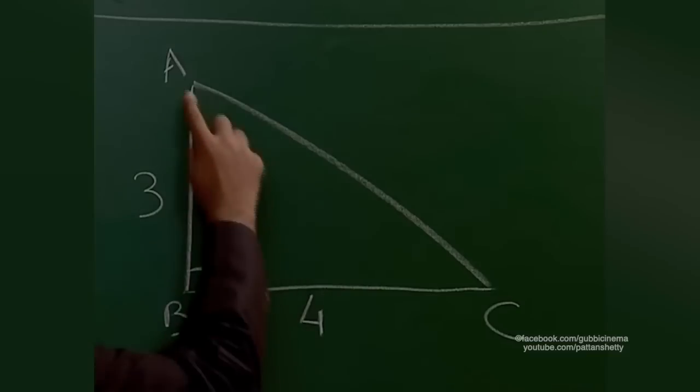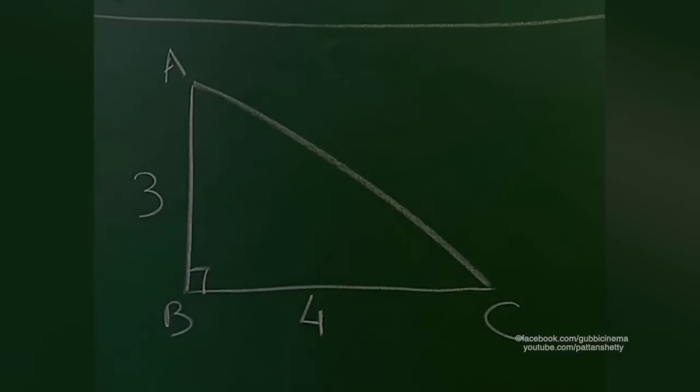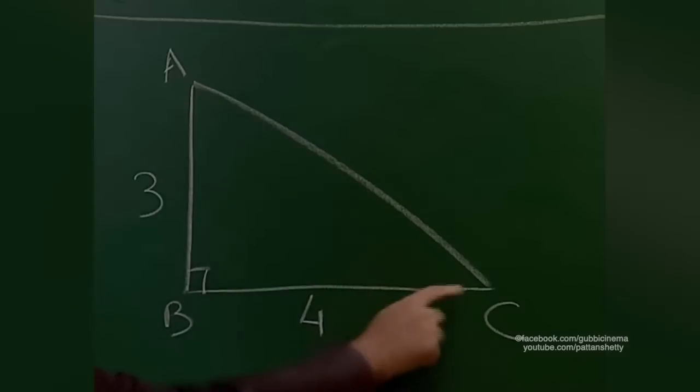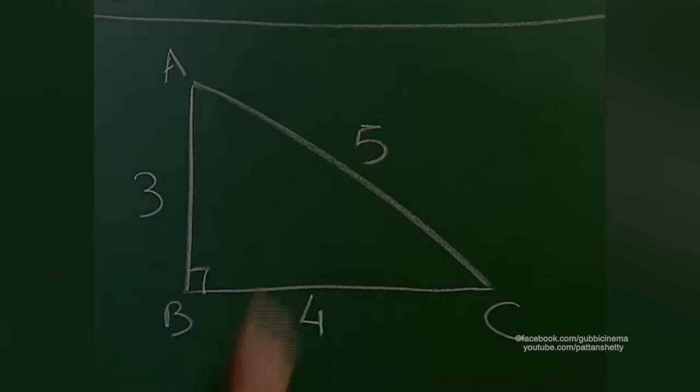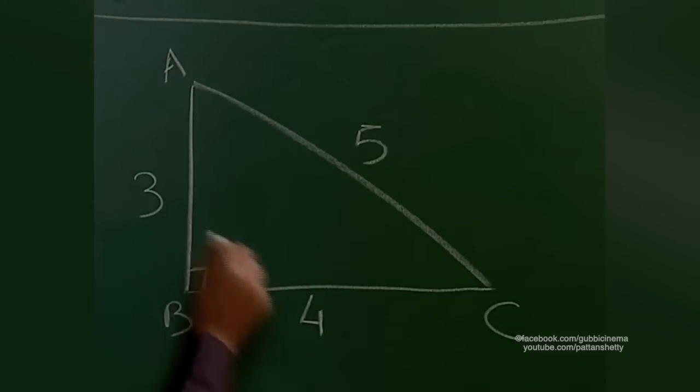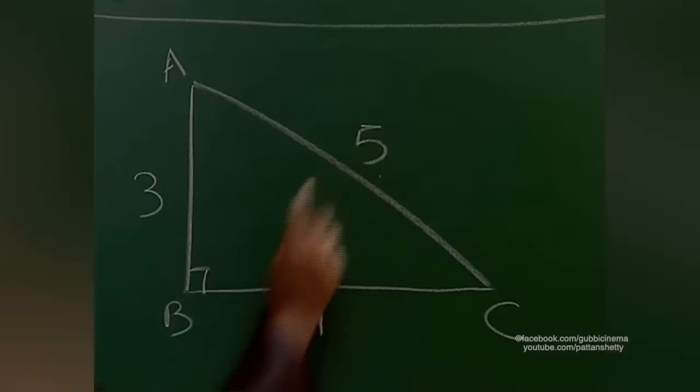Then side AC can be found out by doing AB square, which is 3 square, that gives us 9. BC square, which is 4 square, that gives us 16. 9 plus 16 is 25. AC can be found out by doing square root of 25, which is 5. Thus, we have formed a Pythagorean triplet 3, 4, 5.